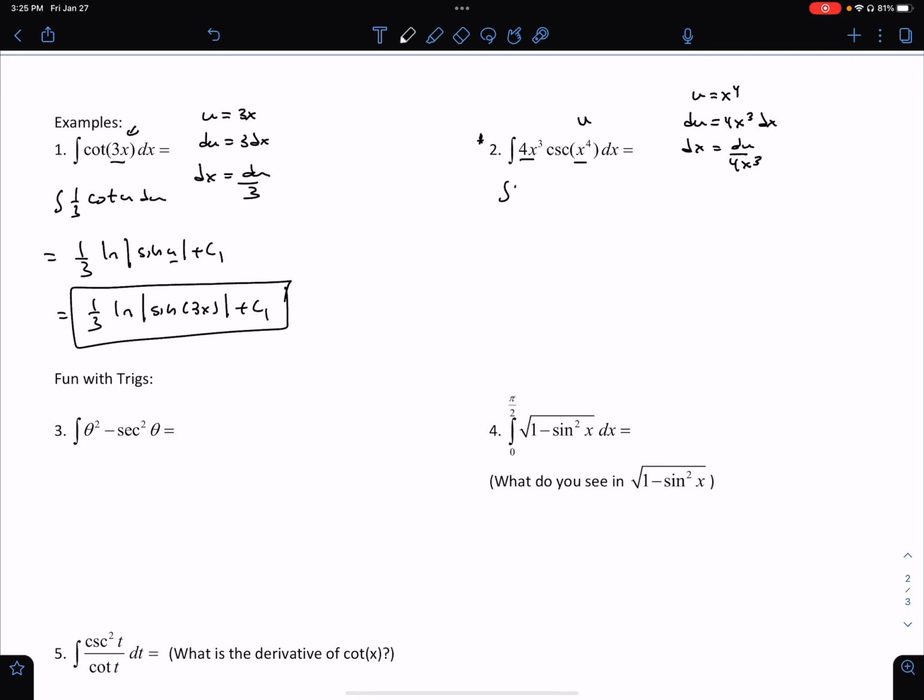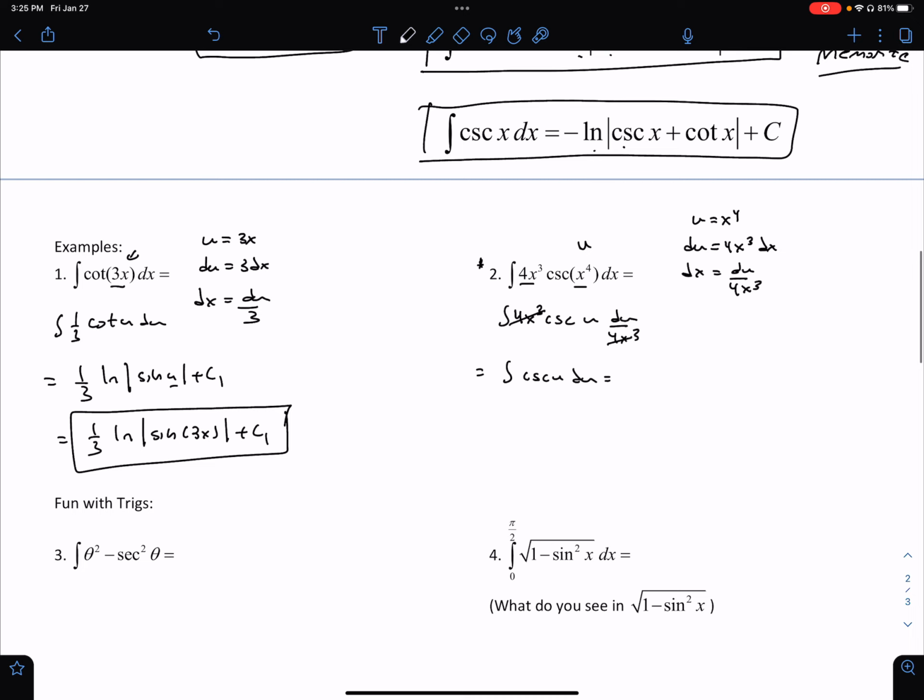If I rewrite this, we get a 4x cubed, the cosecant of u, du over 4x cubed, and these cancel out. What we're left with is the antiderivative of the cosecant of u. So this is going to be one of our new ones that we have to remember, and there it is. The antiderivative of cosecant becomes negative natural log of the cosecant of u plus the cotangent of u plus your constant.